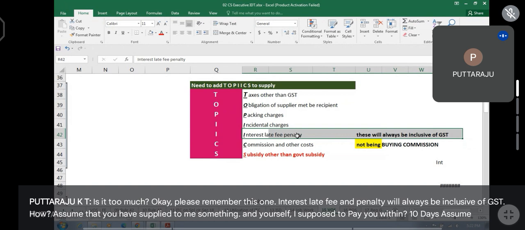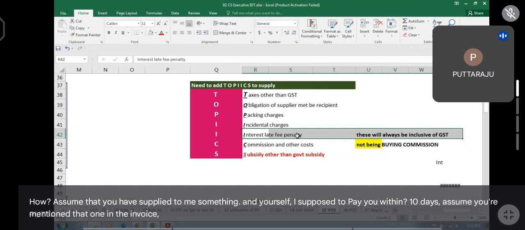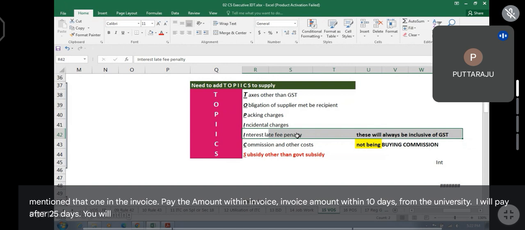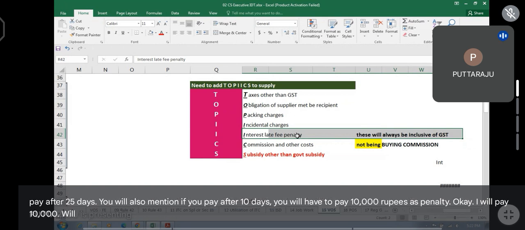Assume you have mentioned that in the invoice: pay the invoice amount within 10 days from the invoice date. I will pay after 25 days. You will also mention, if you pay after 10 days, you will have to pay 10,000 rupees as penalty. Okay, I will pay 10,000. Will you expect me to pay GST on the 10,000 also?